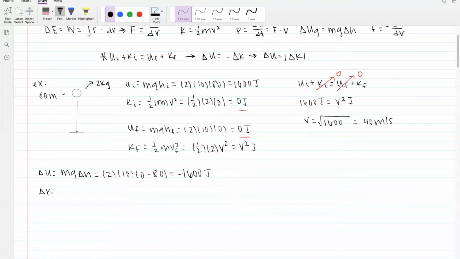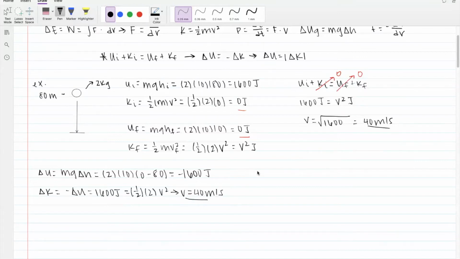So our delta K is equal to negative delta U, which is equal to 1600, which is equal to 1/2 times 2 times v squared. And to equate these, we will get v squared is equal to 1600. And to solve for this, we will get v is equal to 40 meters per second. Just the same answer as we got here.